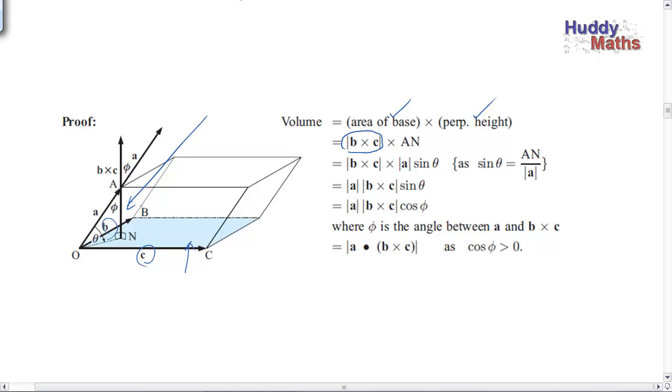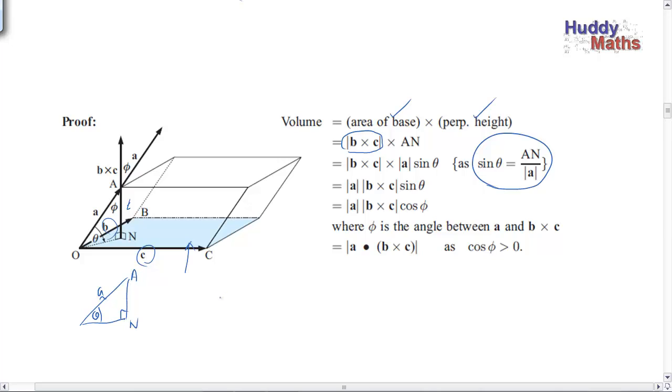So that's AN. Now what is AN? Here it is. The sine of theta is AN over A. So I'd like to draw this triangle down here. Theta, and that's A, and you want AN.